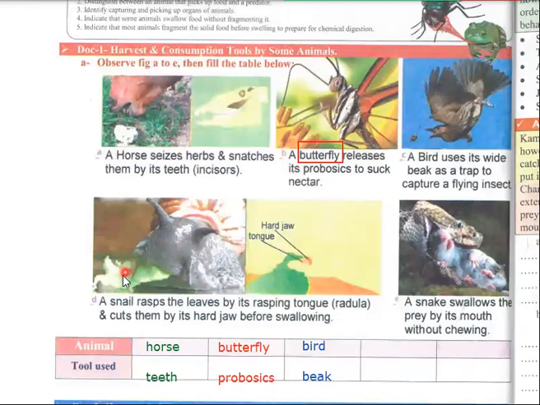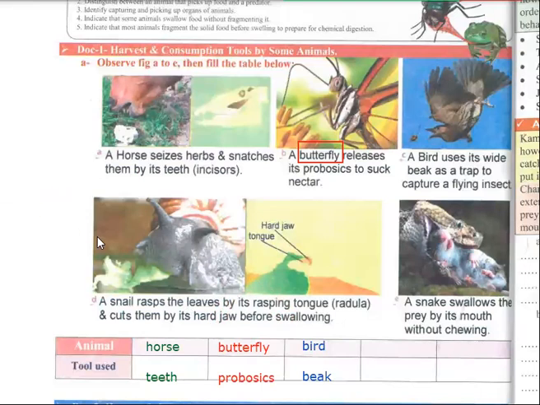The fifth animal is the snail. The snail rasps the leaves by its rasping tongue, radula, and cuts the leaves by its hard jaw before swallowing. So in order to rasp leaves, to harvest, let's say, to stick to a leaf, the snail uses its radula or tongue, and to chew them and swallow them, it uses its jaw.